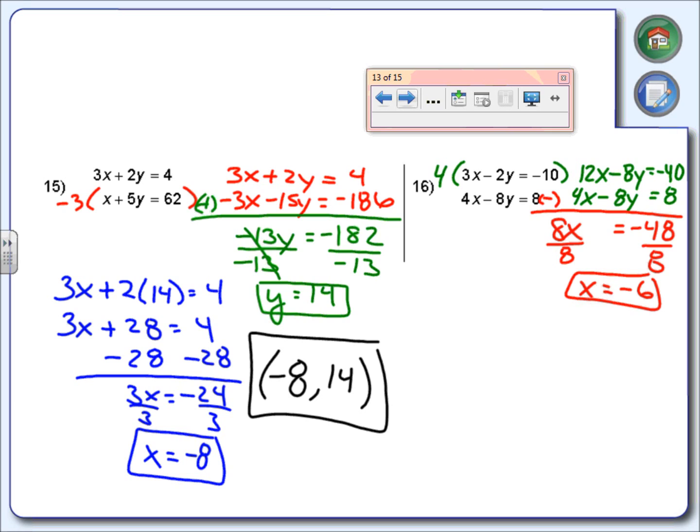So we're going to take that negative 6 and plug it into one of these equations up here. I can use any one I want. I think I'll use the second one. I'm taking out the x, replacing it with a negative 6, and I'm going to solve for the y. So 4 times a negative 6 is going to give me negative 24.